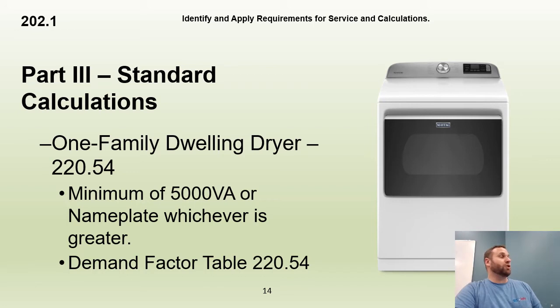Now, according to 220.61, I do have permission to apply, not derate, that is the wrong word, apply a demand factor to the neutral on my dryer. Why? Because again, most of the load that dryer is going to consume is in a balanced heating element.